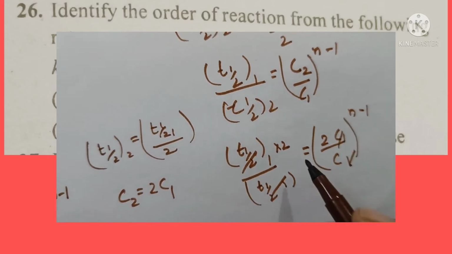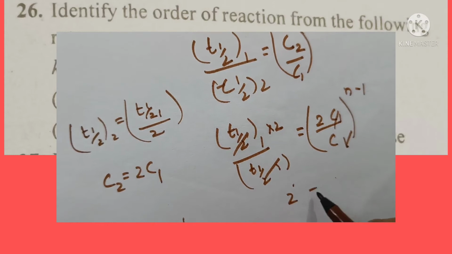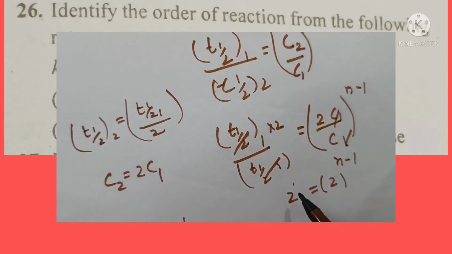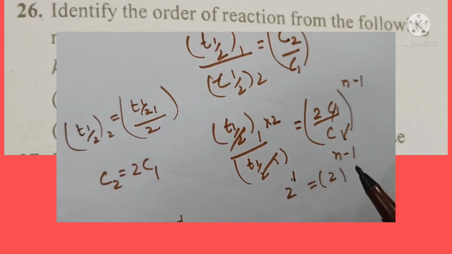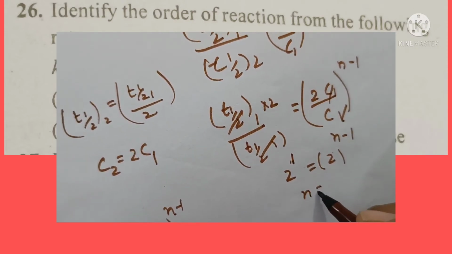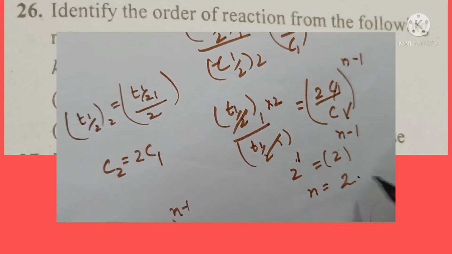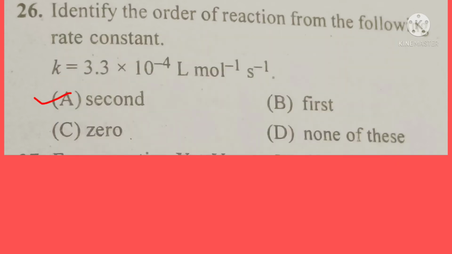This cancels, and what is left is 2 is equal to 2 raised to power n minus 1. So 1 is equal to n minus 1, or n is equal to 1 plus 1, that is 2. Option A, second order reaction. The reaction is of second order is the correct answer.